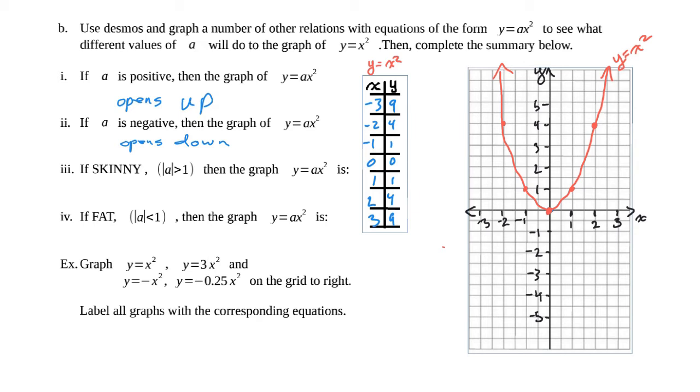For an example, you would have y is equal to 2x squared, and that opens up because its value 2 sitting in front of the x squared term is positive. Now, for the second one where a is negative, we'd have something that looks like this.